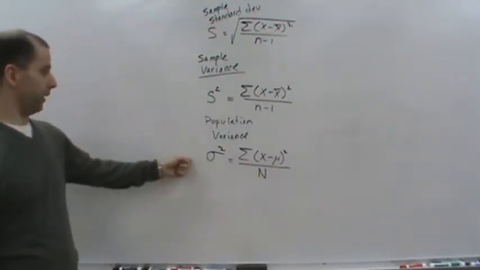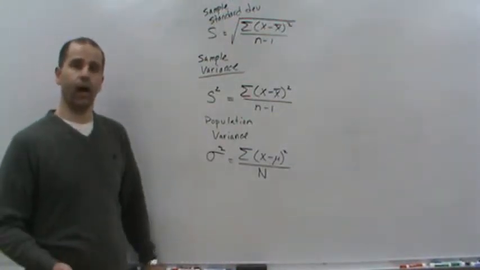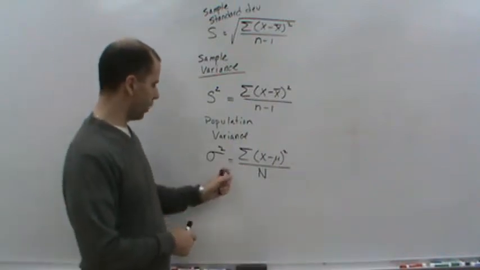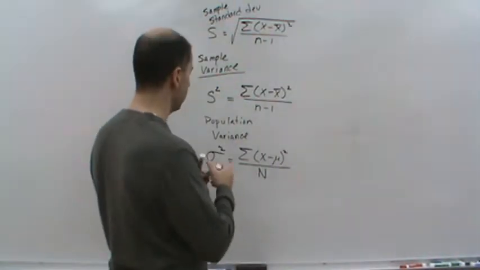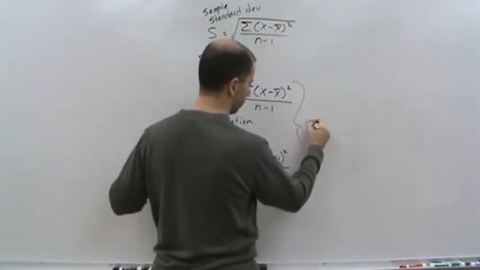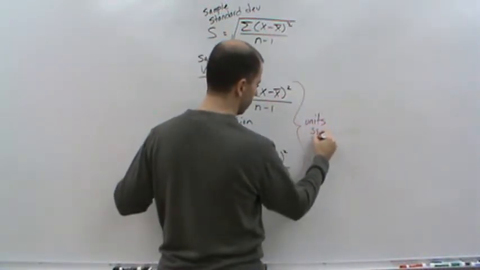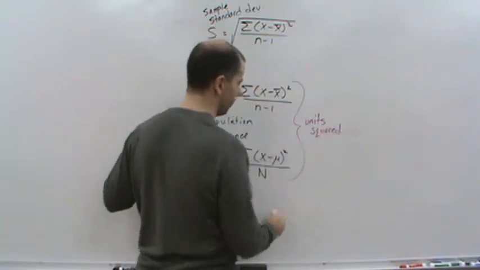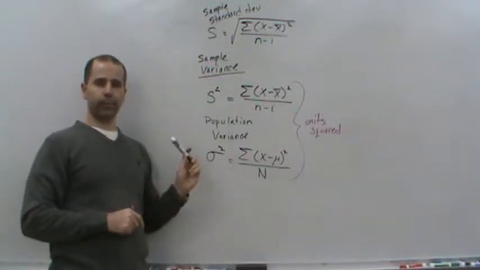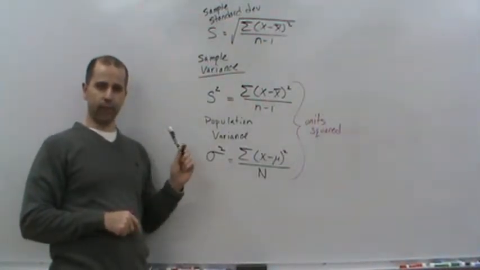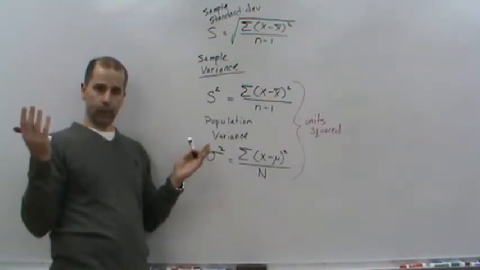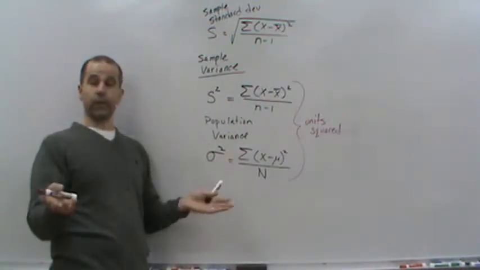But that's variance. We don't use variance very much because it's harder to interpret, mainly because of the units, because these have square units. If your data is in inches, you're going to be talking about square inches as a way of measuring dispersion or how far away a particular value is from the mean.